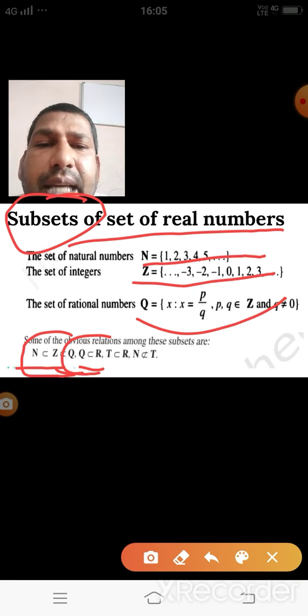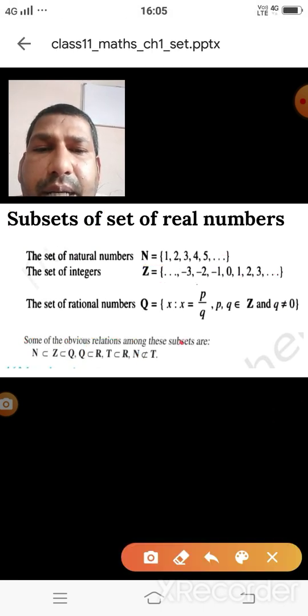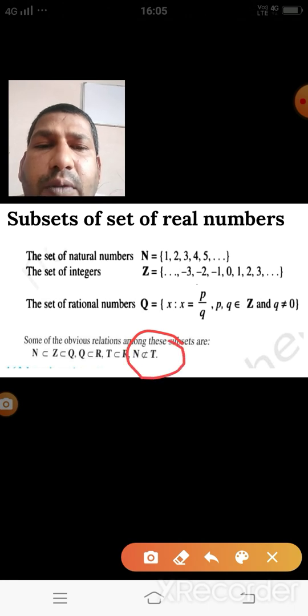T I am taking as irrational number. Then T is a subset of real number. But natural number is not a subset of irrational number.